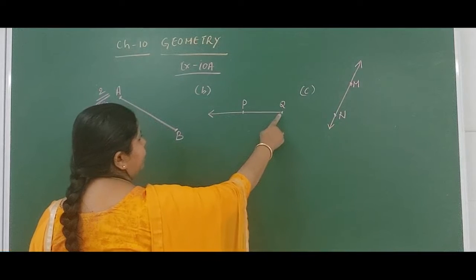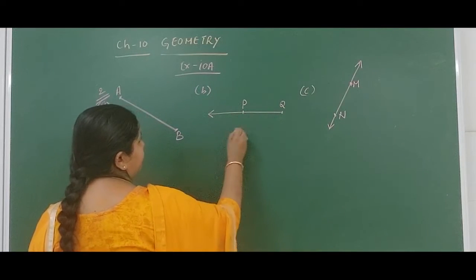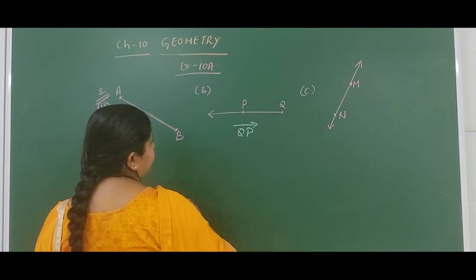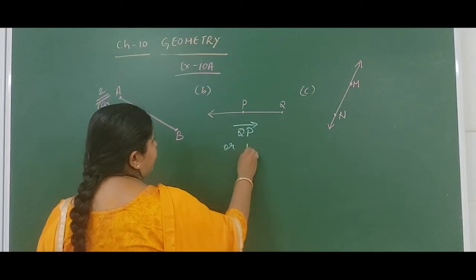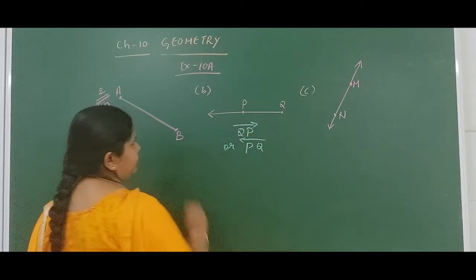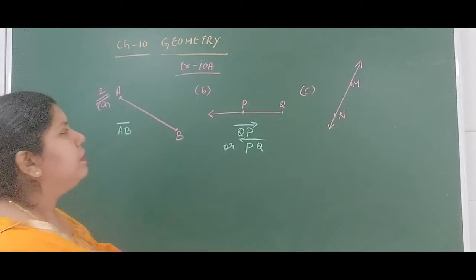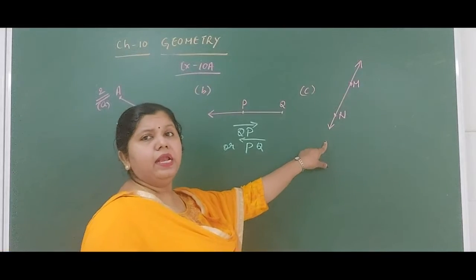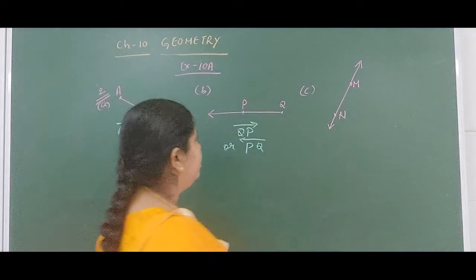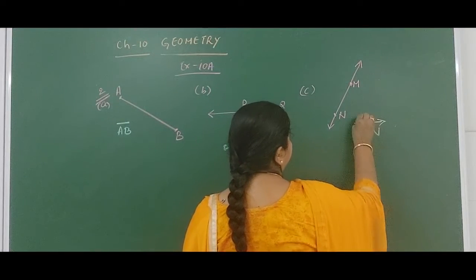This is a ray because it has one initial point, that is Q, and it is moving towards P. So you can write it as QP like this, or if you want to write PQ, then you have to make the arrow in this way. Both are correct. Next, this is a straight line because it is moving endlessly in both directions. To represent this, we write MN with a double-headed arrow.